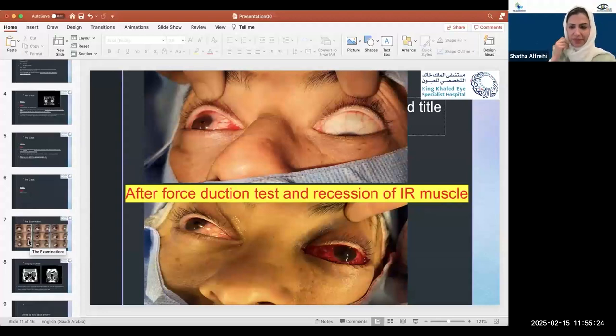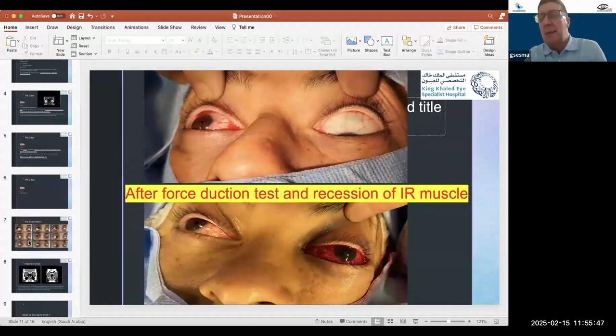Go ahead. Yes, Dr. Sisma, did you consider injecting Botox in the inferior rectus just to decrease the tension? No, at that moment I didn't think Botox was the option, because I suspected that something else was happening, and that's why I went in with the oculoplastic team.